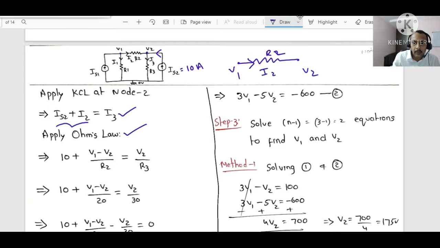So I2 is simply (V1 minus V2) by R2. For R3, one end the voltage is V2 and the other end is 0 volts, so the current is (V2 minus 0) divided by R3. These two equations are important. Clear?